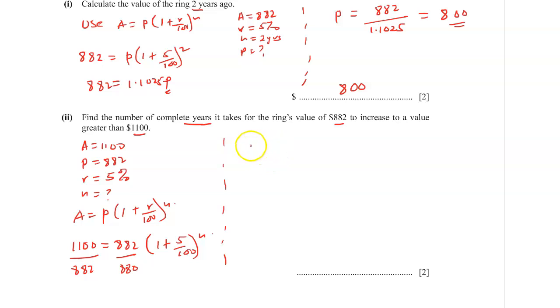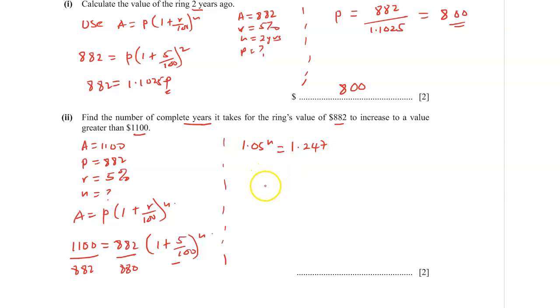So 5 divided by 100 is 0.05. So 1.05 raised to the power N is equal to, when you divide this by this, 1.247.